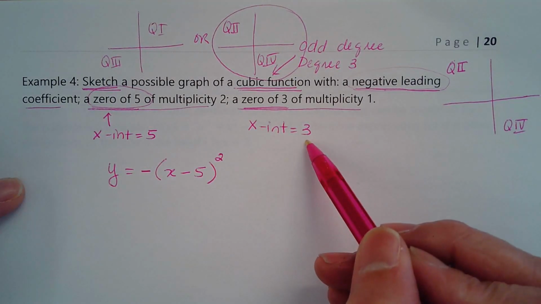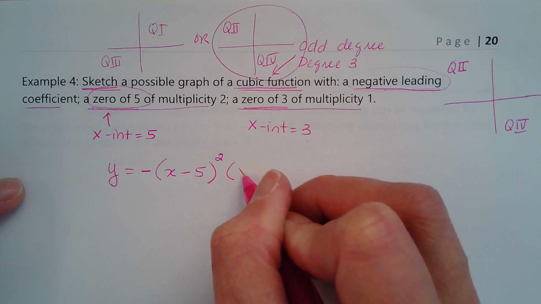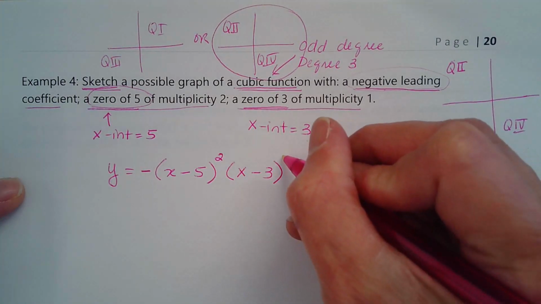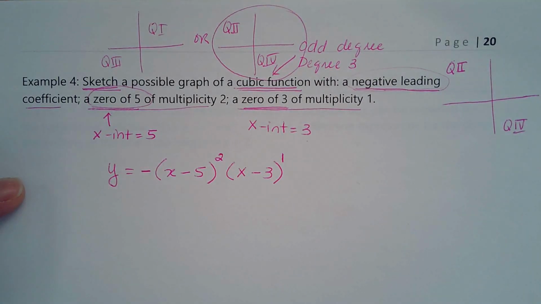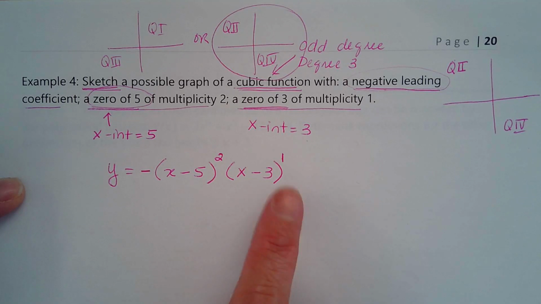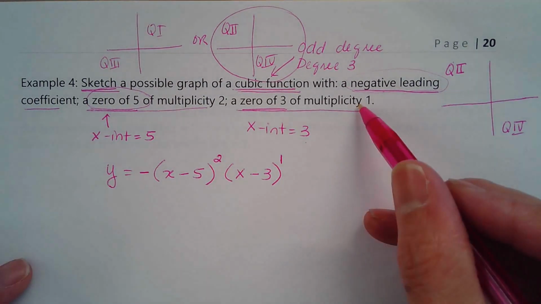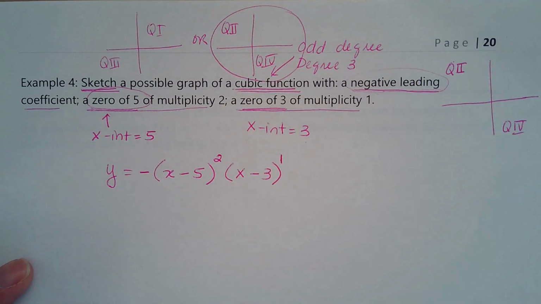And then x-intercept at 3, x minus 3, multiplicity of 1. So I'm just going to put 1 there. You can write down the 1 for now, it just gives you an idea of where the 1 goes, or where the 2 goes. It should be minus x cubed at the end because it's a negative coefficient and it's a cubic function.